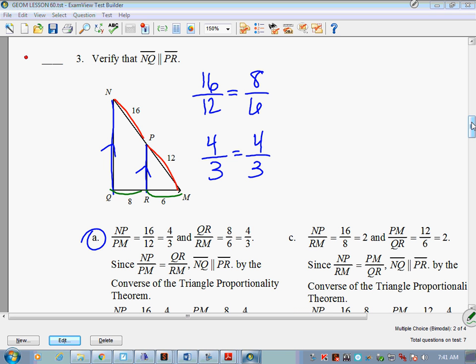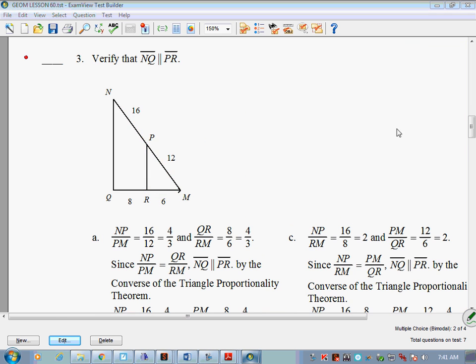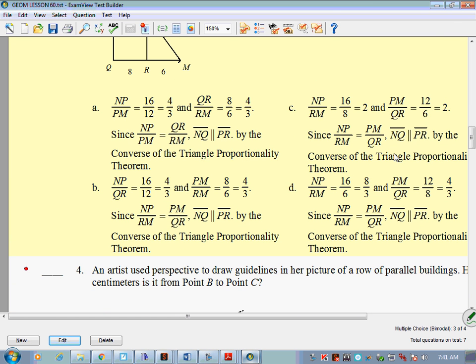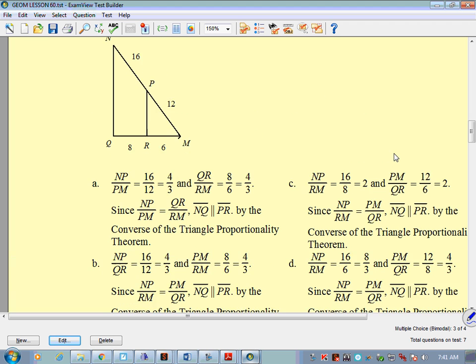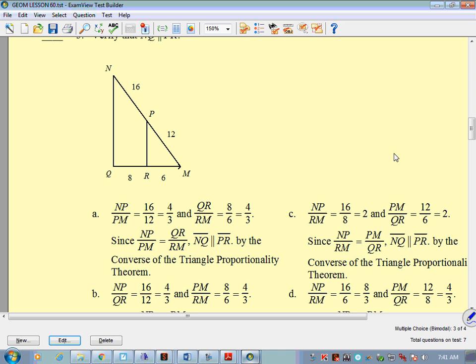You notice that you could go through the rest of these and see why they are wrong. Take a quick glance at that. It's not that they're all necessarily wrong, we see 4 thirds on B, 4 thirds on B, so why is that incorrect? Well, let's see. The B here does NP over QR. They do 16 over 8.